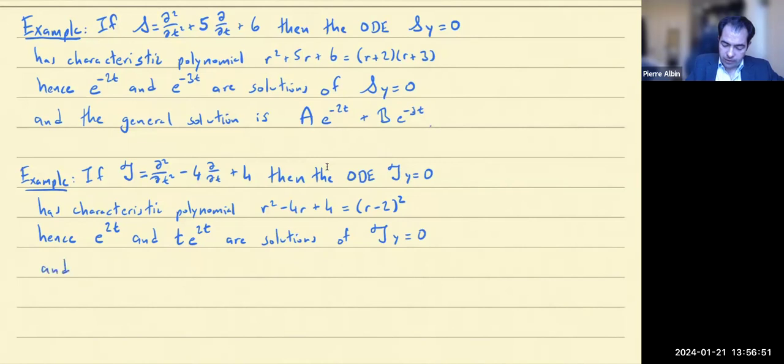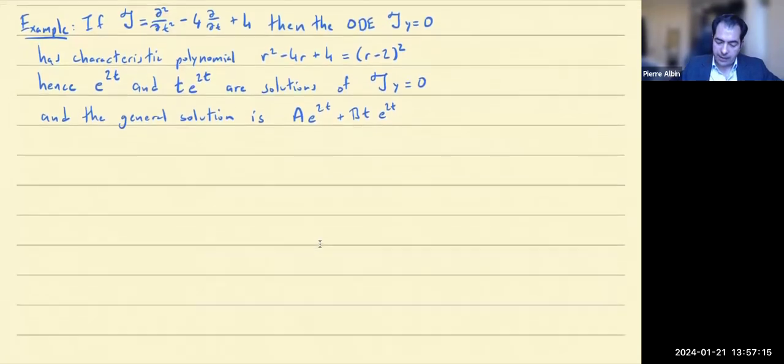And because they're linearly independent, the general solution is a e to the 2t plus b t e to the 2t. Okay.